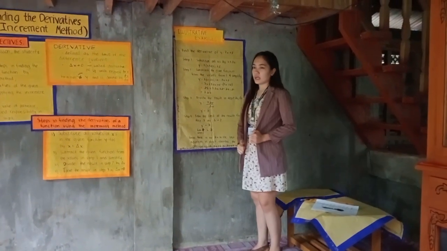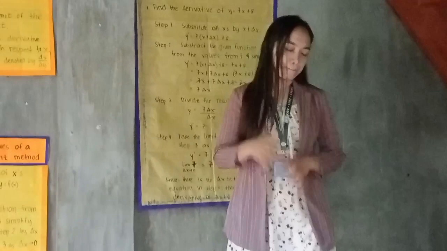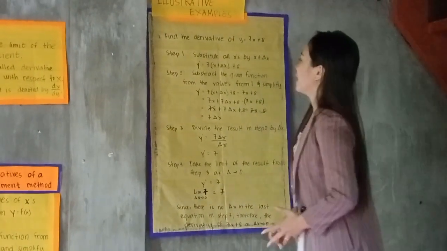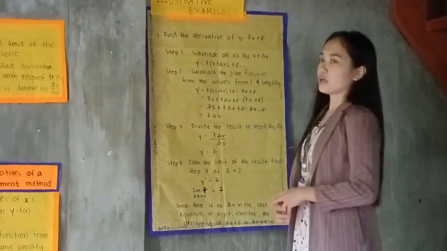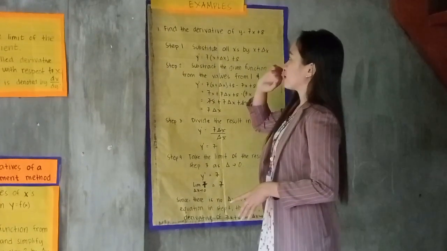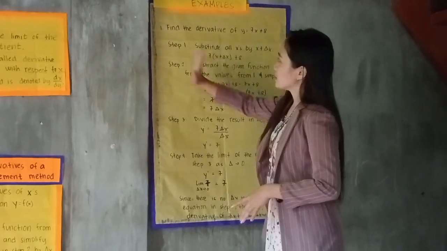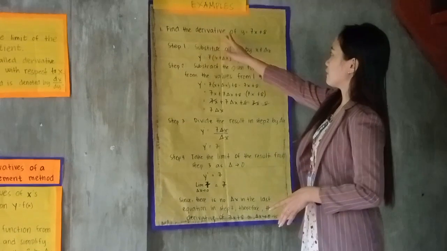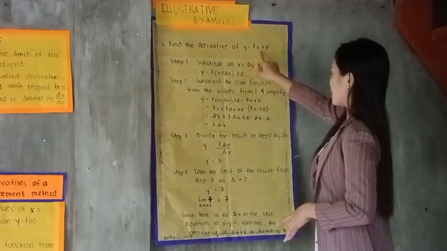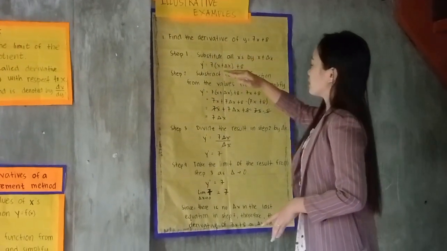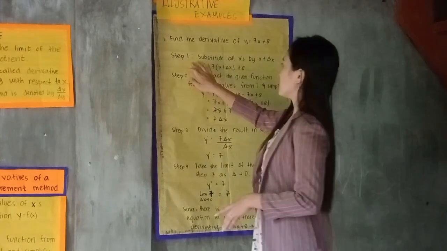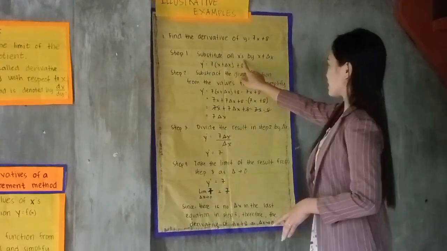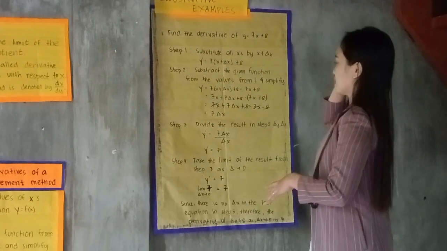Okay, number 1 problem. Please read, Rivera. Okay, thank you. So, again, number 1 is find the derivative of y equals 7x plus 8. In step 1, we need to substitute all the x's by x plus delta x.